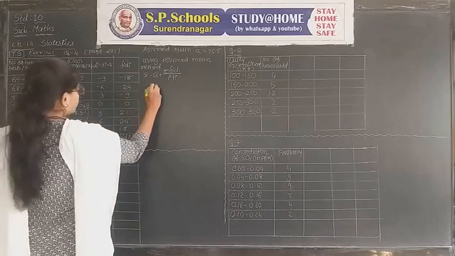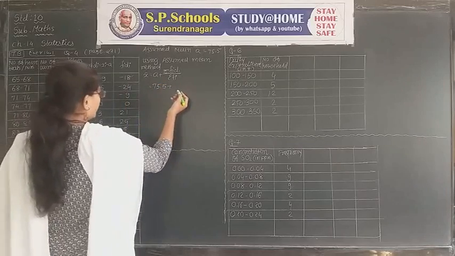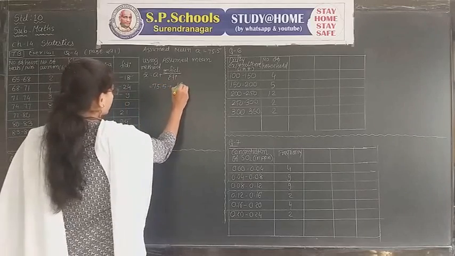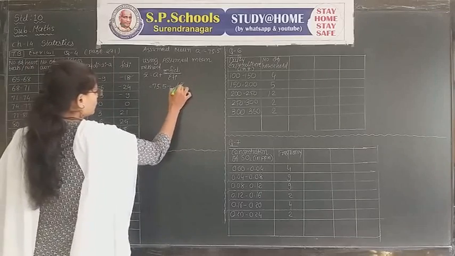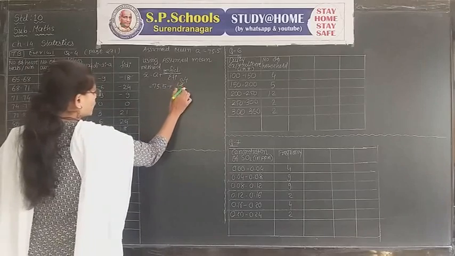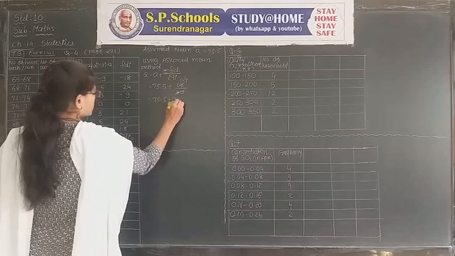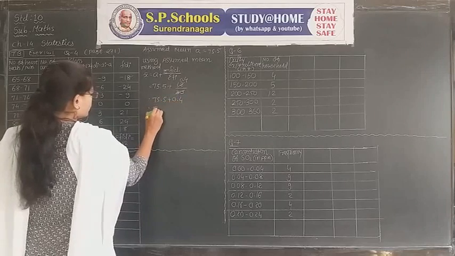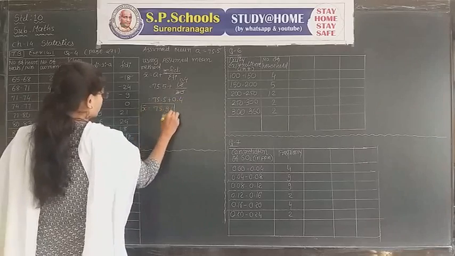X bar is equal to 75.5 plus sigma fi di, which is 12, upon sigma fi, which is 30. 3 4s are 12, so it is 0.4 after cutting by 30. 75.5 plus 0.4 is equal to 75.9, which is x bar.